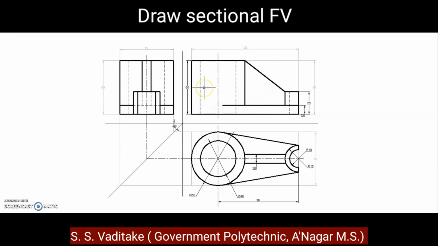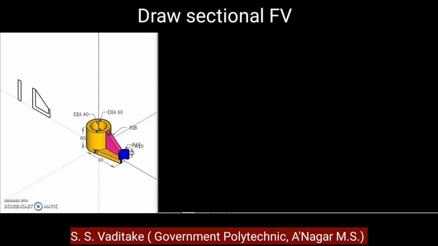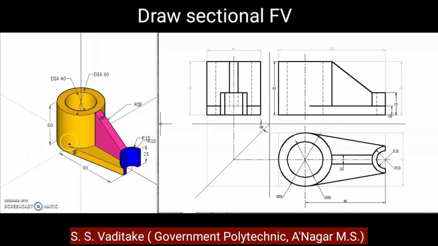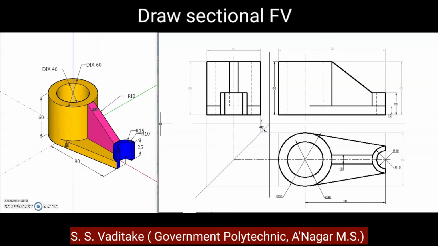Now we have to show the hatching area where the section plane cuts this portion as well as this portion, this bottom plate and this. Though the section plane cuts this rib, as per our conventions, we cannot show the hatching line within this region. So imagine where the section plane cuts the given object.